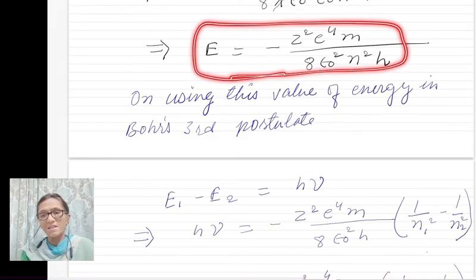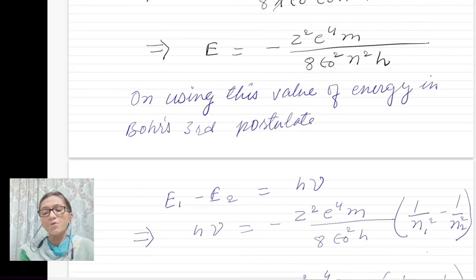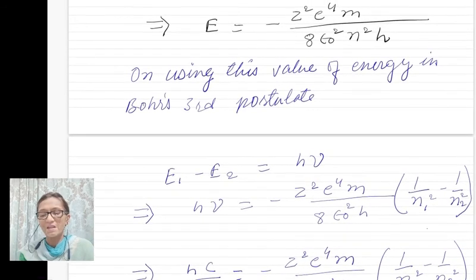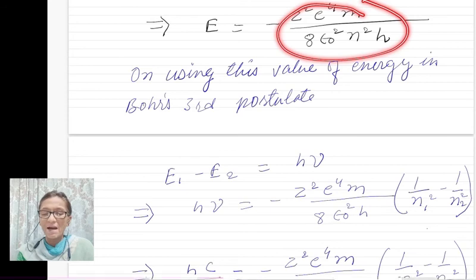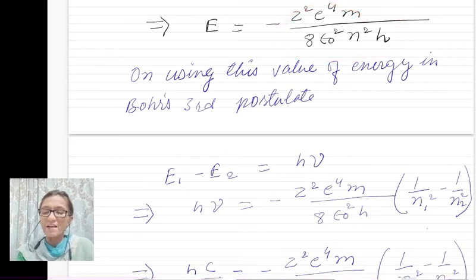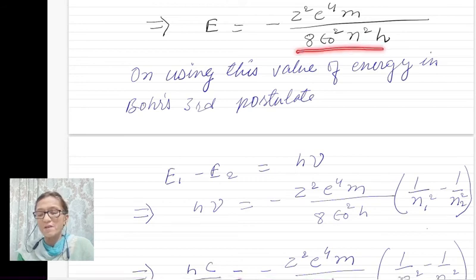Now this equation of energy can be utilized in Bohr's third postulate, that is E1 minus E2 is equal to h nu. So I have simply subtracted the two values. E1 minus E2 is equal to h nu. So putting value of n1 and n2 in this equation and taking the rest of the things common in both E1 and E2.